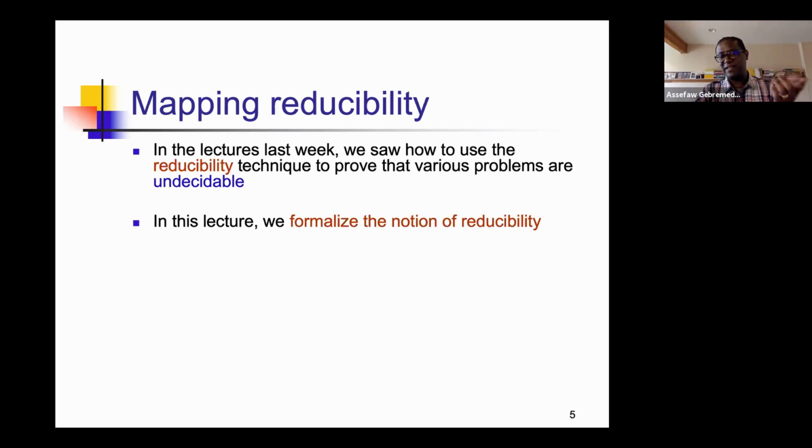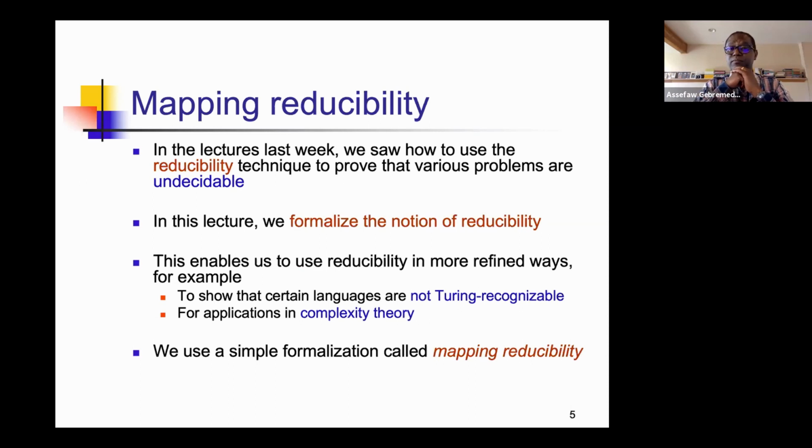There was quite something that we did in that reduction. We produced the Turing machine that needed to do that, but we are going to make it even more formal, and that is where this term, reducibility, has been qualified, and that one has been called mapping. There are a number of different ways in which this could be formalized, and we're going to treat one of them, but we do this in a more refined way for a couple of reasons.